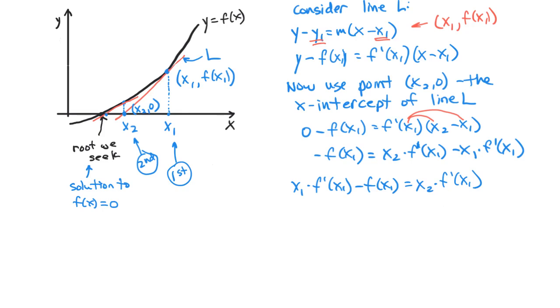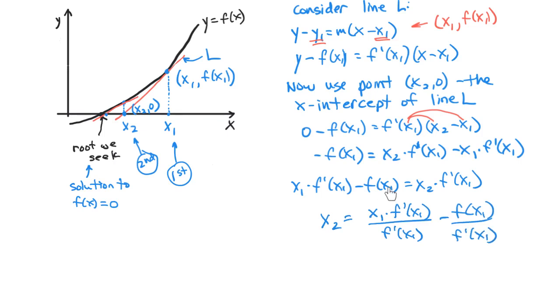So if we do that, we will get x sub 2 equals x sub 1 times f prime of x sub 1 divided by f prime of x sub 1, minus f of x sub 1 divided by f prime of x sub 1.